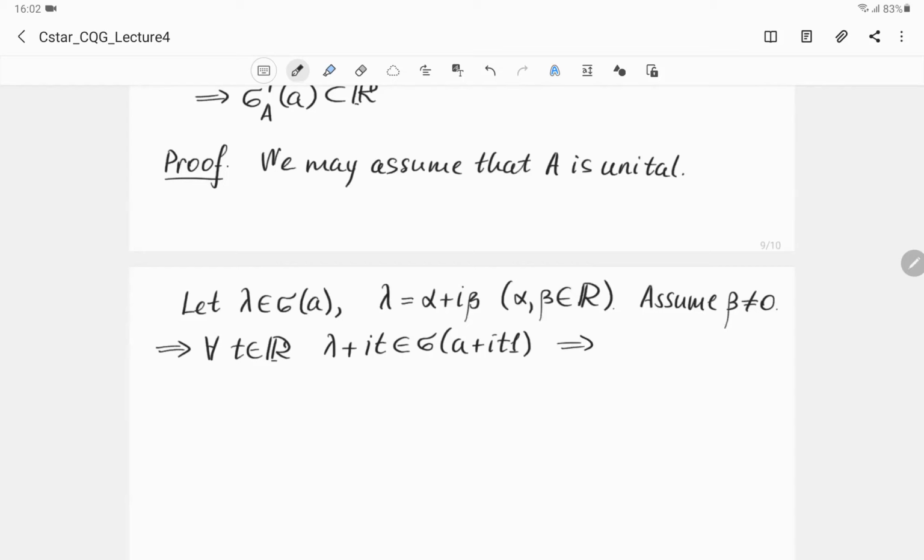So the absolute value of this number, lambda plus it, is less than or equal to the norm of a plus it1. So the square of this number is less than or equal to the square of this norm.